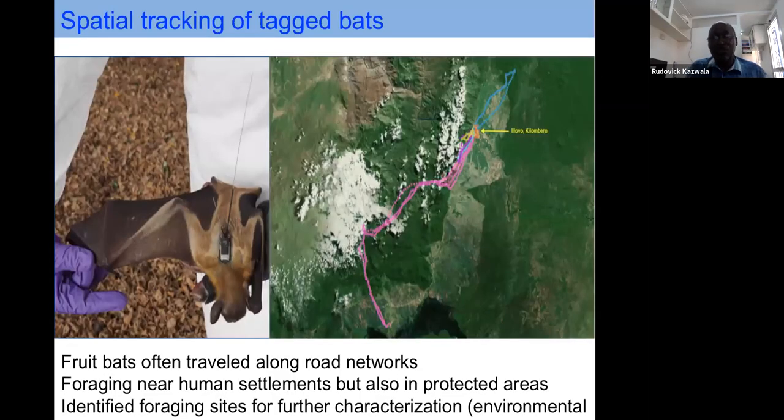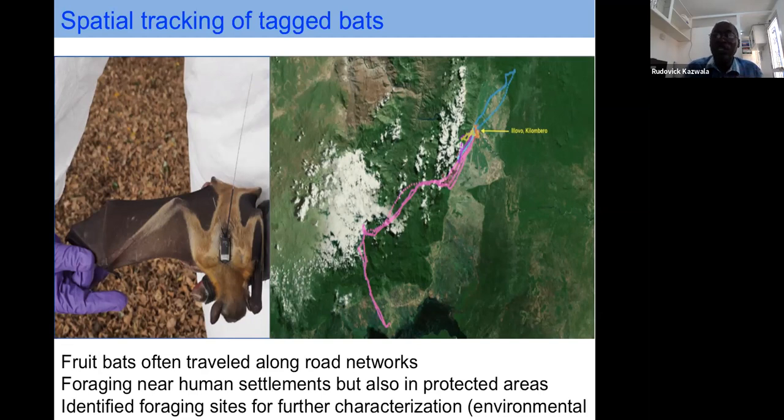But in order to do a lot of studies on the possibility of transmissibility and the spread of the viruses, we looked at the fruit bats. And we did a lot of work in terms of capturing and tagging them, putting them in a satellite transmitter, and you could monitor their movement, where they are roosting and where they are feeding themselves. These are fruit bats. They travel large distances.